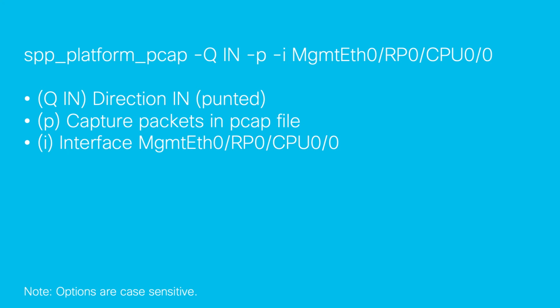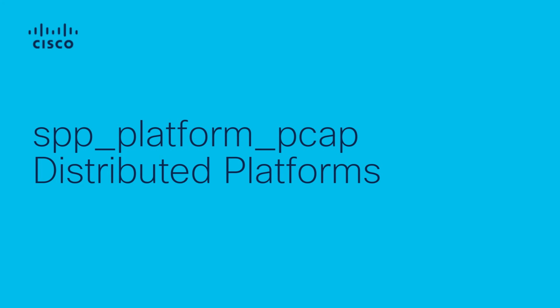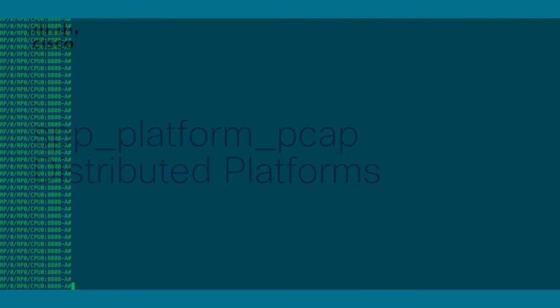And as mentioned earlier, using spp_platform_pcap, you can also capture the traffic sent or received through the router management interface. If working with a distributed Cisco 8000 series router, you need to consider in which node, route processor, or line card you wish the capture to be executed. It can be the case that the particular traffic you are interested in is handled by a certain line card CPU.